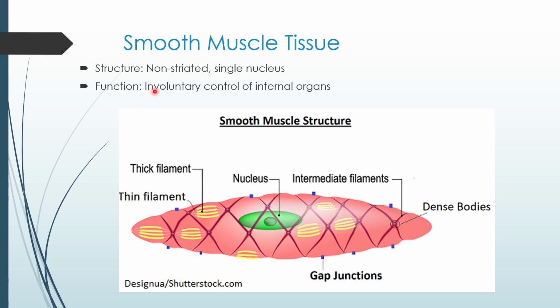So what's the function? Involuntary control of internal organs. You have several internal organs which are not under your control. For example, let's take your intestine. Once you put your food into your mouth, chewing is under your control, and when you swallow, that is also under your control. Right after you swallow, you can't control anything else at all.